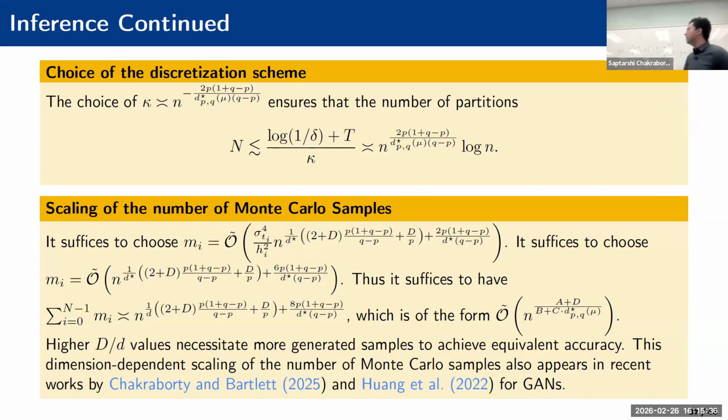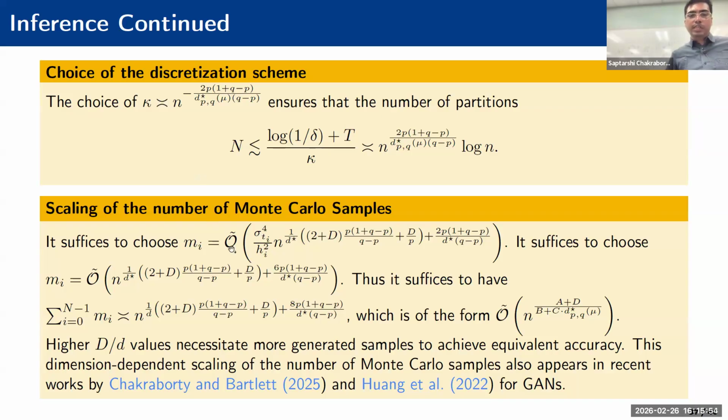So the advantage is that with this geometric discretization scheme, you do it with a much smaller number of discrete points compared to if you had a fixed length for the intervals.